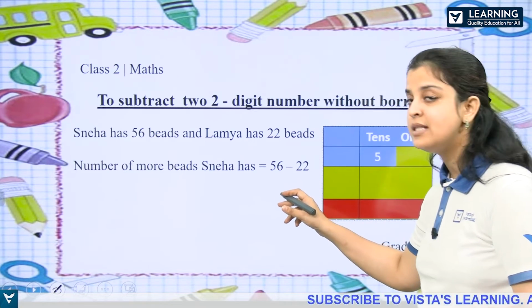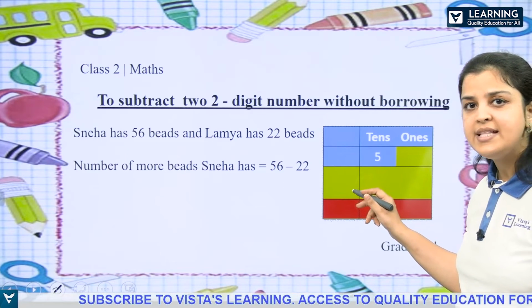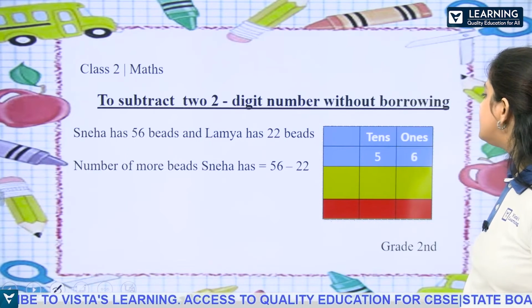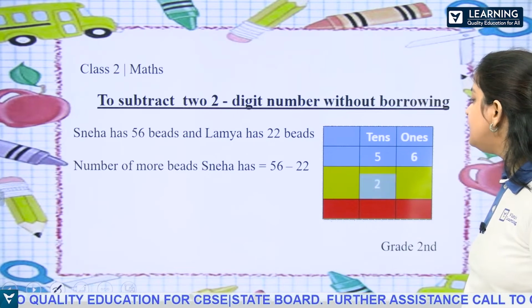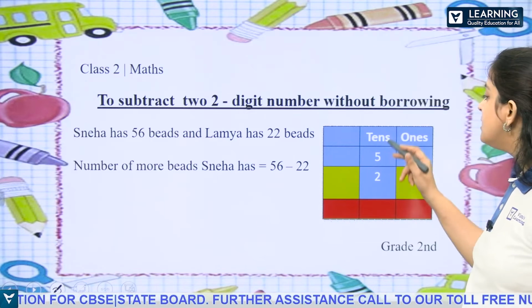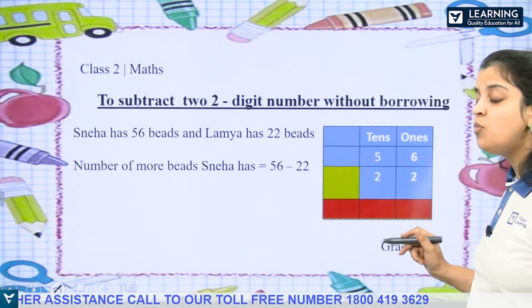Since in the number 56, 5 is in tens place, I will write it in the tens column. 6 is in ones place, so I will write it under the ones column. And for the number 22, 2 is in tens place, so I will write it in the tens column, and this 2 I will write in the ones column.